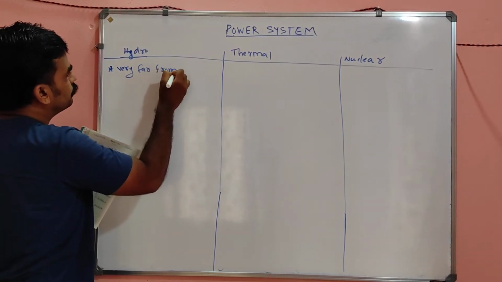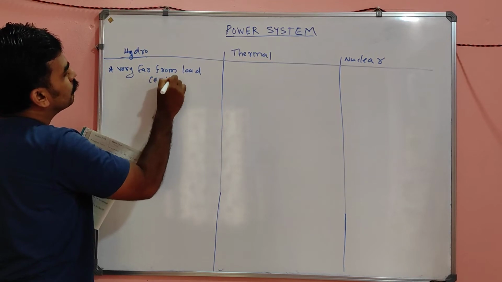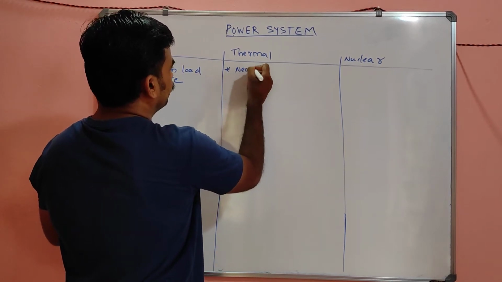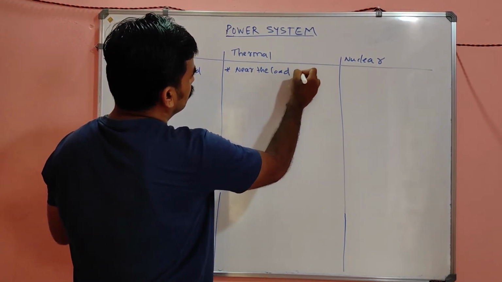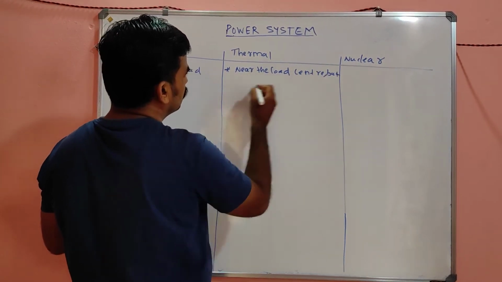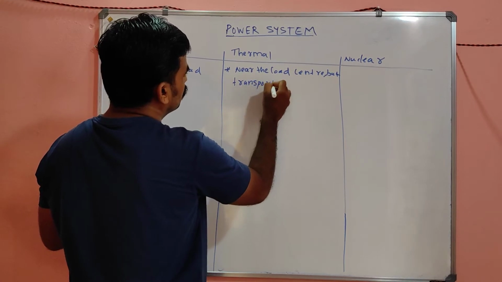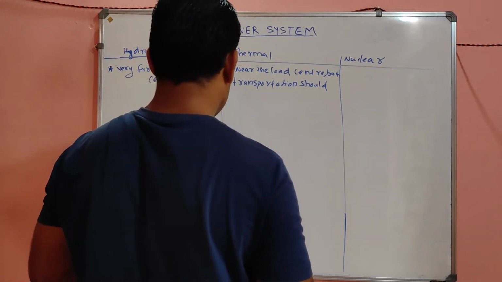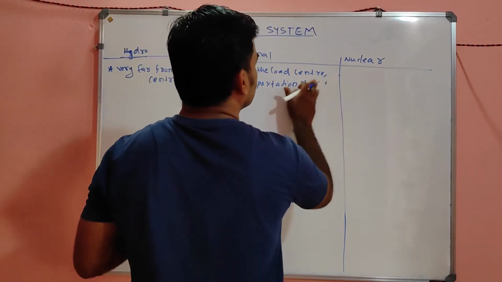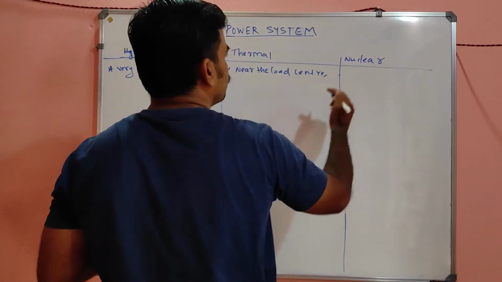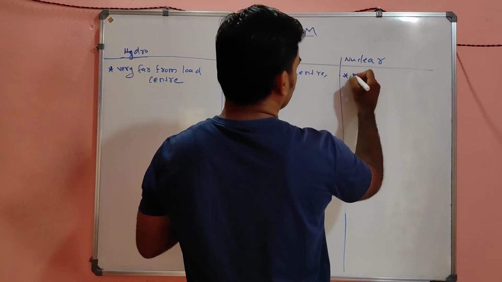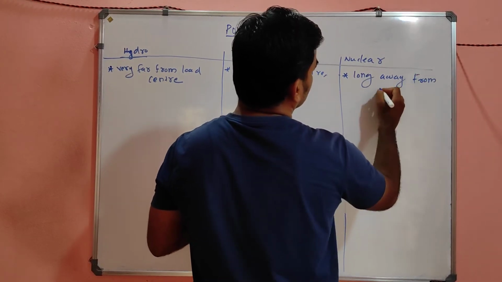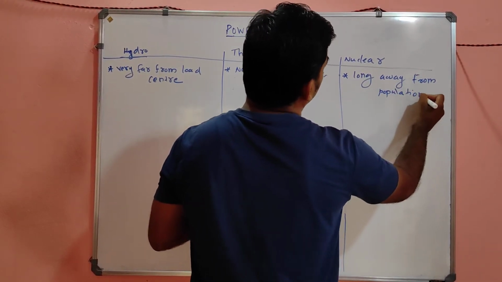Hydro: very far from the load center. Thermal: near the load center, but transportation of coal. Nuclear: similar, near the loads, but long away from population.